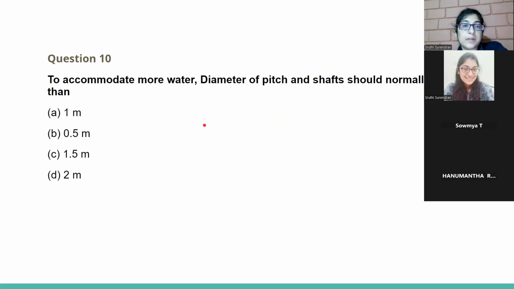Next question: to accommodate more water, the diameter of pit shafts should normally be more than what dimension? Now that we talked about the recharge trench, we are talking about pits and shafts. What should be the diameter of pits and shafts is the question.